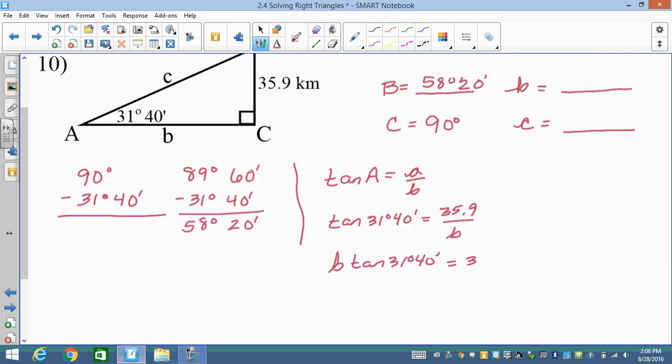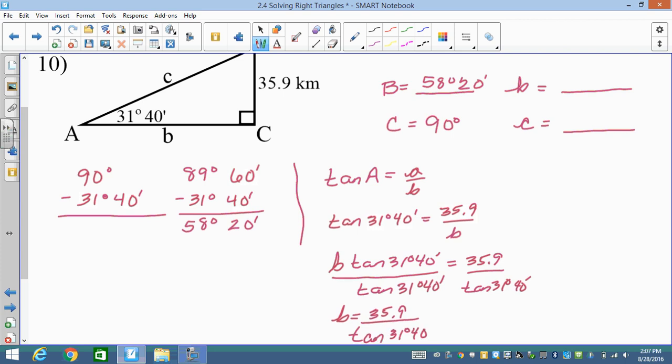equals 35.9, and divide by tangent, we get little b equals 35.9 over tangent of 31 degrees 40 minutes.